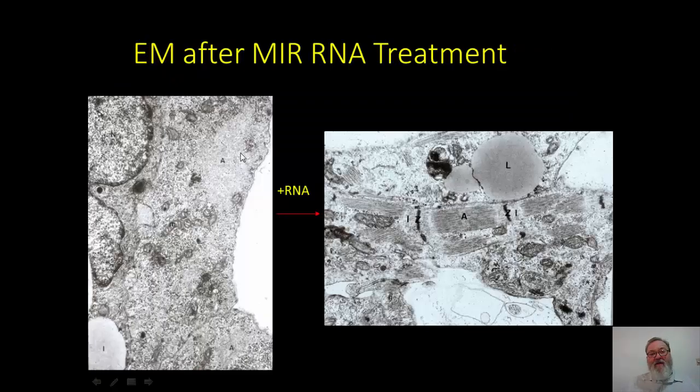If we examine the mutant hearts ultrastructurally, in other words, in the electron microscope, and we look at the mutant heart cells, we see this amorphous proteinaceous material again. Here's a nucleus and some of the cytoplasmic material with mitochondria. But here is the amorphous proteinaceous material. We treat that with the RNA.